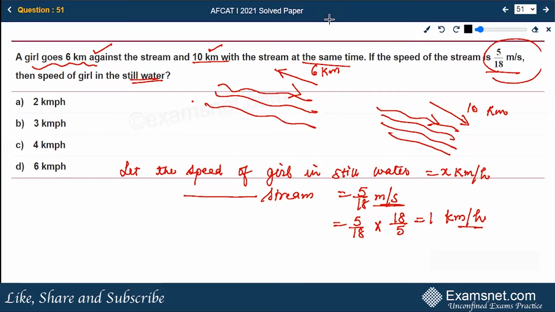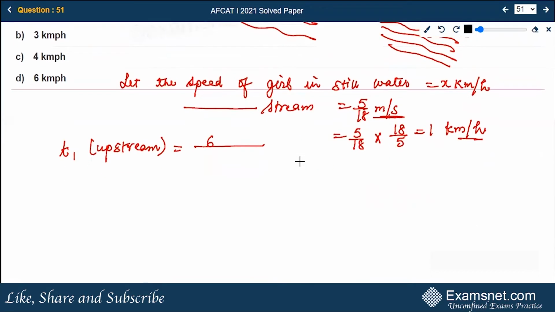So let's calculate the time for the upstream. When the girl is going upstream, she traveled 6 kilometers. This is the distance she traveled divided by the speed. When she is going upstream, what will be her speed? Speed upstream will be equal to, the girl is going against the stream, so it will be the speed of the girl minus the speed of the stream.